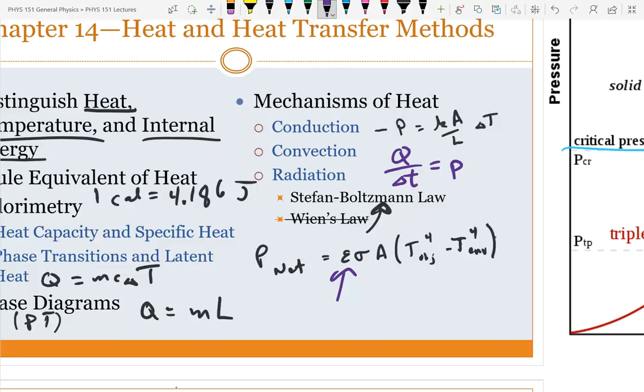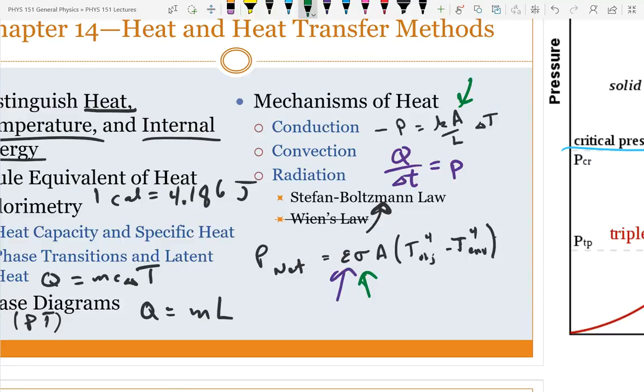Then you have sigma there, that's just a constant, the Stefan-Boltzmann constant. A is the surface area. So when we looked at this equation, A was the cross-sectional area, the area the heat's going through, whereas in the radiation, A is the entire surface area. Different meaning for the same word, area.